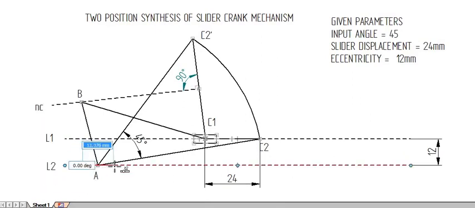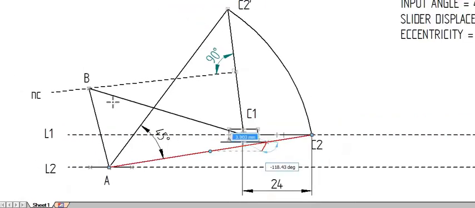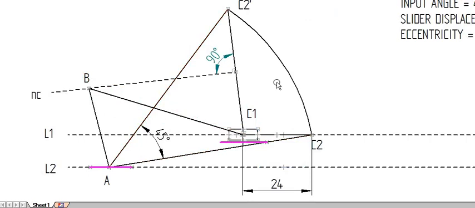So there will be a fixed line here, which is the center of the crank, and there will be a fixed line here, which will be the slider pathway. I am drawing it as a thick line.